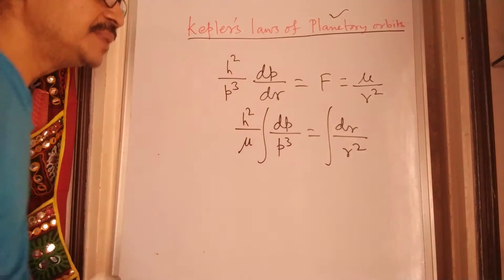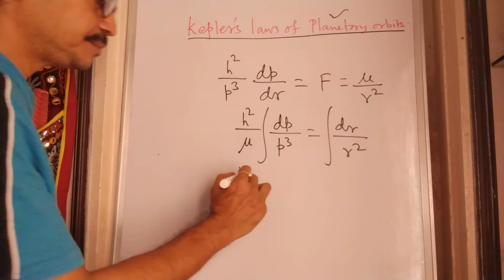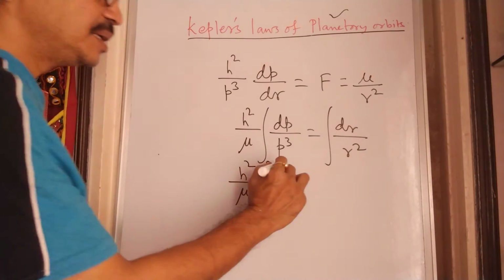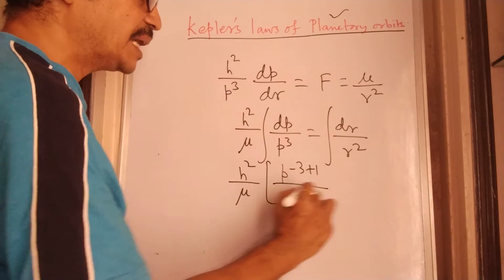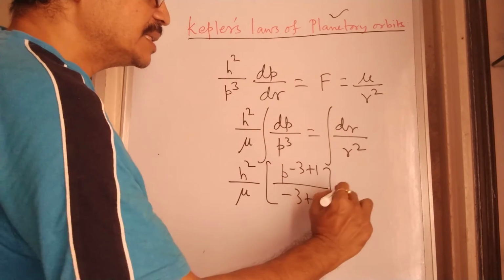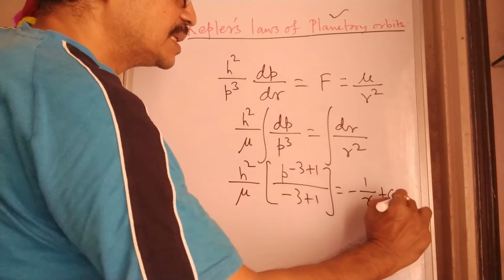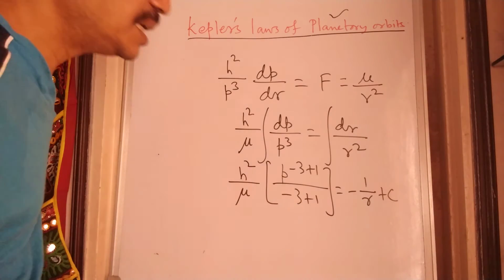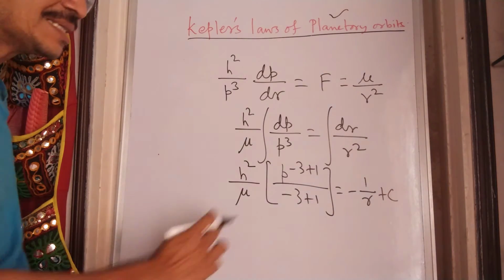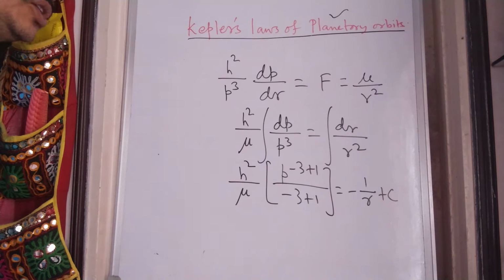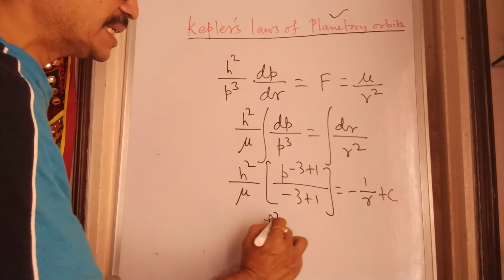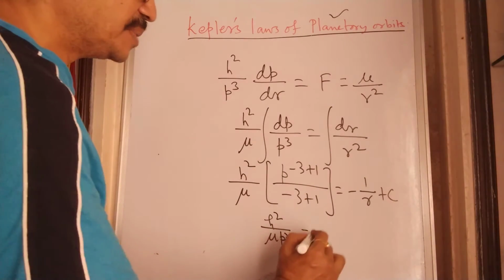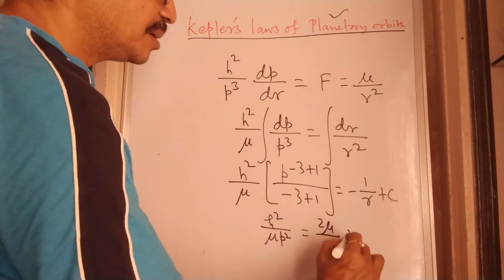If we integrate them, it becomes h square by mu, and p to the power minus 3 plus 1 by minus 3 plus 1, and this becomes minus 1 upon r plus constant of integration c. We adjust this minus sign here, a 2 comes, and we keep it as h square by mu p square. This is actually 1 by p square, and this becomes 2 mu by r minus c.